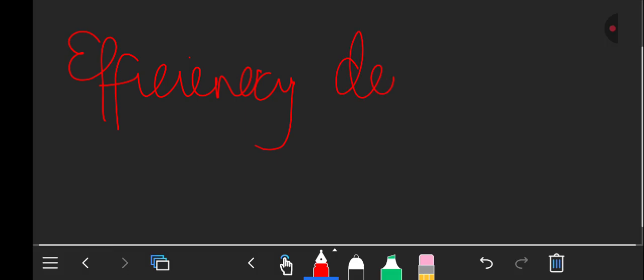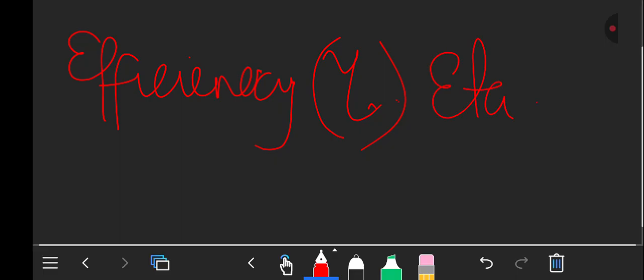From that definition we can write the formula. Efficiency is denoted by a symbol known as eta.